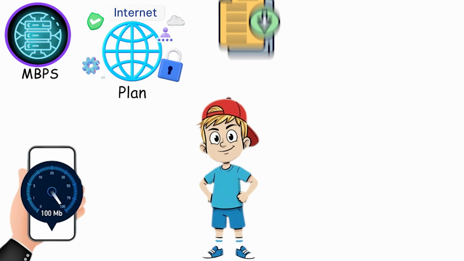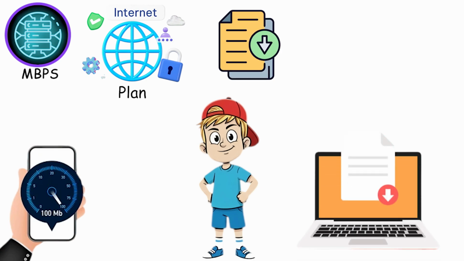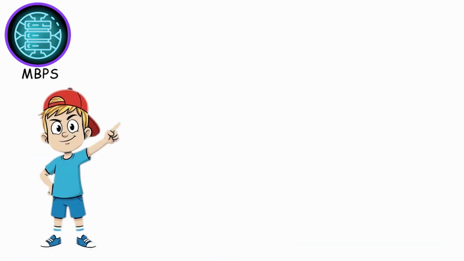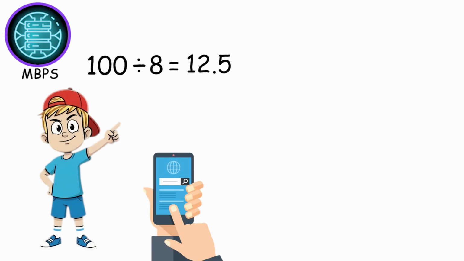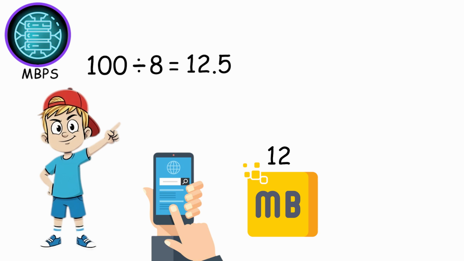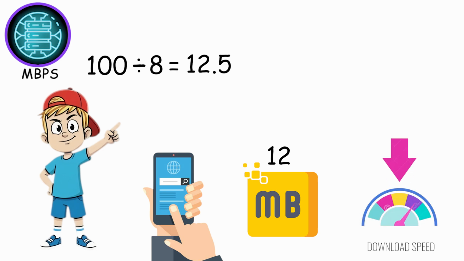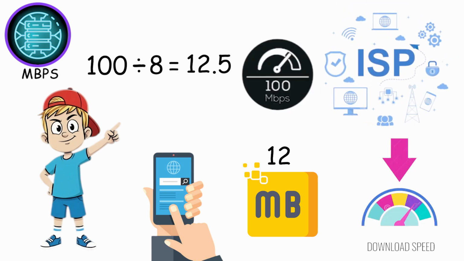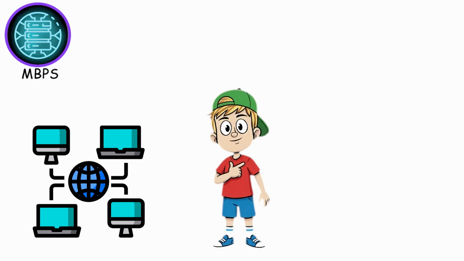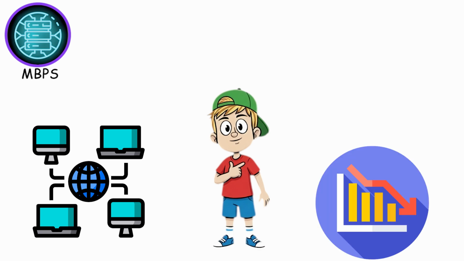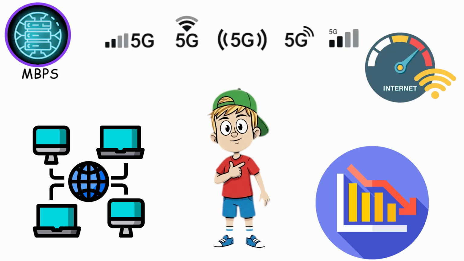When you actually download files, your device will show approximately 12.5 megabytes per second, because dividing 100 by 8 yields 12.5. This explains why your browser might indicate a 12 megabyte per second download speed, even though your provider guarantees 100 megabits per second. The connection isn't underperforming, it's simply using different units of measurement.